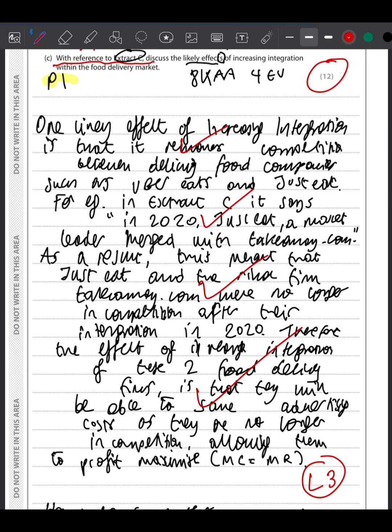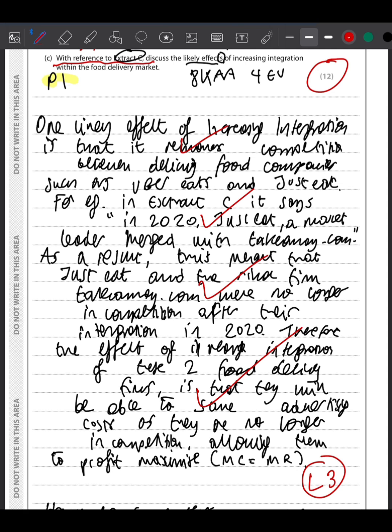There could be a reduced choice of restaurants for consumers, because if a Chinese takeaway firm merges with an American one, the extent to which they can deliver Chinese cuisine may be limited. For example, let's say the American firm is bigger than the Chinese firm. Of course, they're going to have a majority shareholding in the company, let's say 80 to 20%, so 20% for Chinese. That means consumer choice will be limited. So that could be another argument.